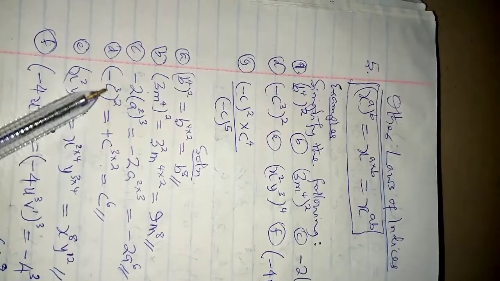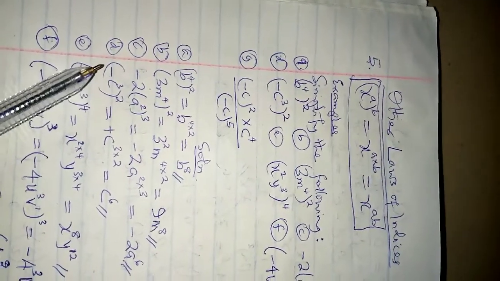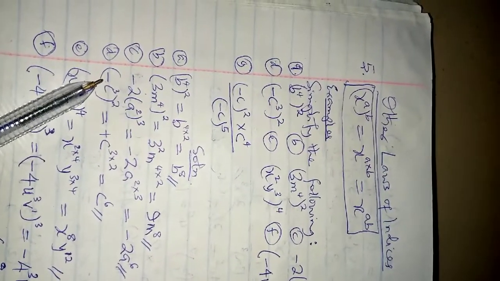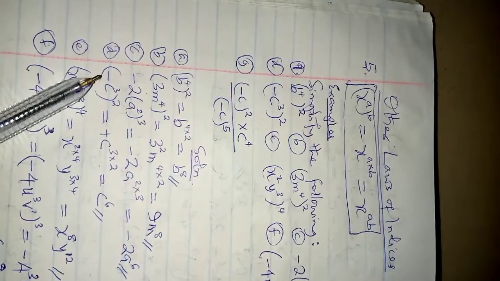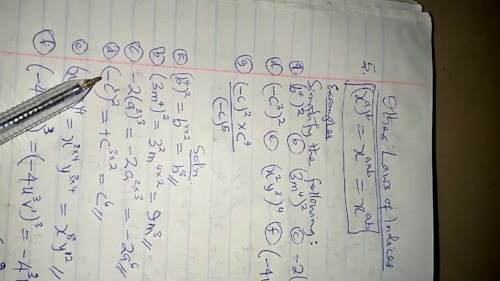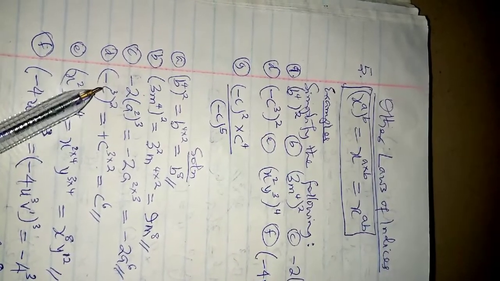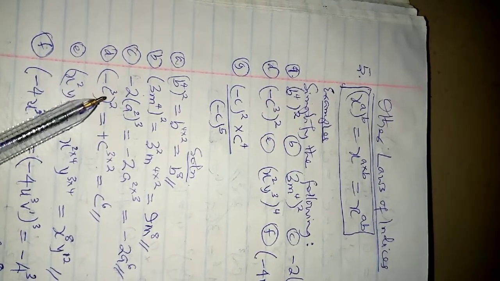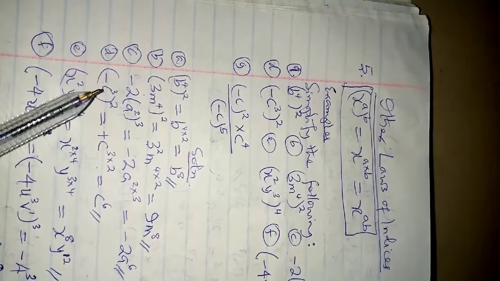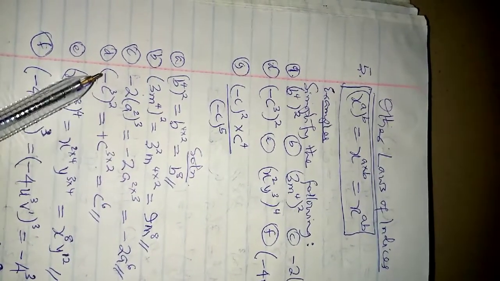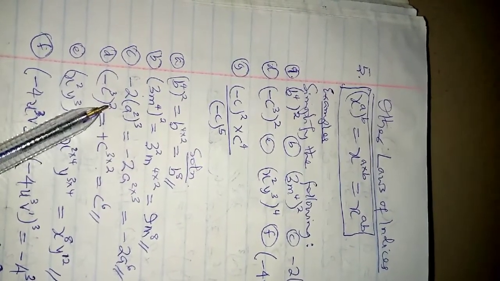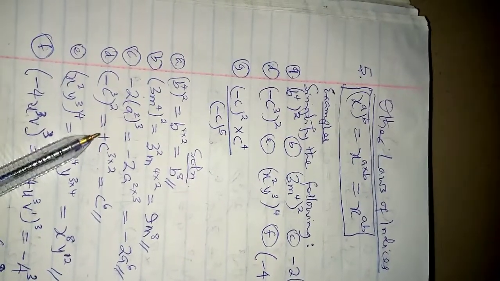This power 2 will affect this minus. When minus is raised to an even power, it becomes positive. So this minus, raising it to an even power 2, becomes plus.